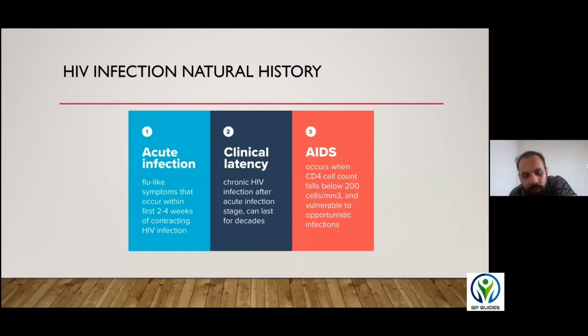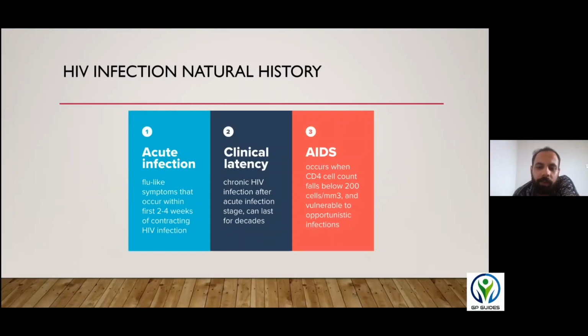After this, the virus enters the lymphoid tissue throughout the body, and goes into a state of clinical latency. During this clinical latent period, the virus slowly destroys the CD4 T cells in our body. This latent period can last for many years, usually around 8 to 10 years.